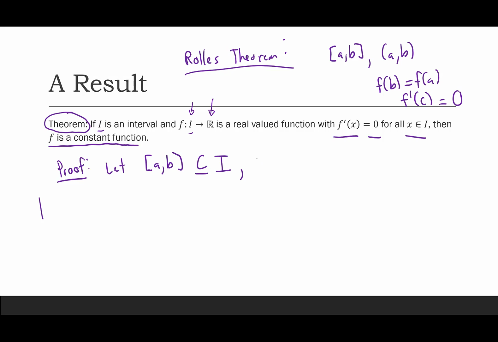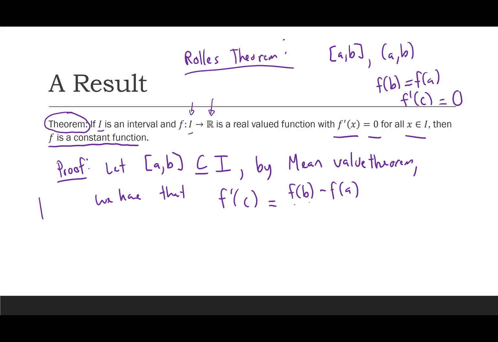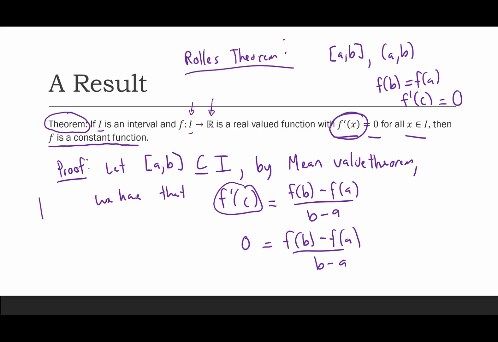So by the mean value theorem, we have that f prime of c is equal to f of b minus f of a over b minus a. Well, what do we know about the derivative, though? f prime of c, by our assumption in this theorem, is always 0. So we really have 0 is equal to f of b minus f of a all over b minus a. Multiply both sides by b minus a.